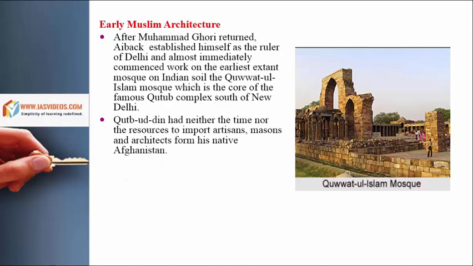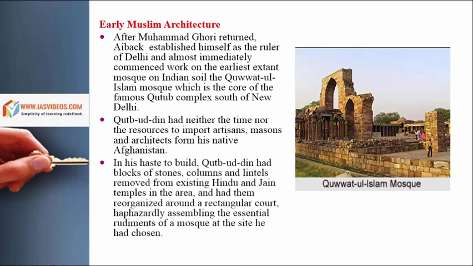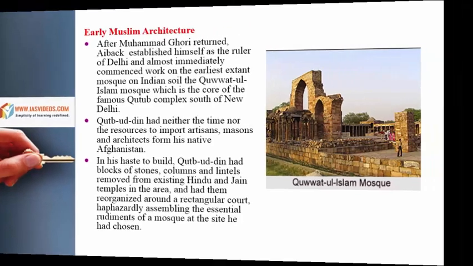Qutb-ud-Din had neither the time nor the resources to import artisans, masons and architects from his native Afghanistan. In his haste to build, Qutb-ud-Din had blocks of stones, columns and lintels removed from existing Hindu and Jain temples in the area and had them reorganized around a rectangular court, haphazardly assembling the essential rudiments of a mosque at a site he had chosen.